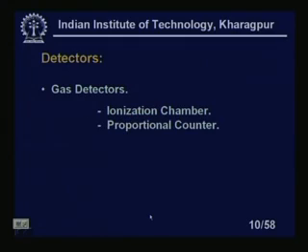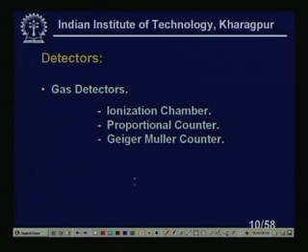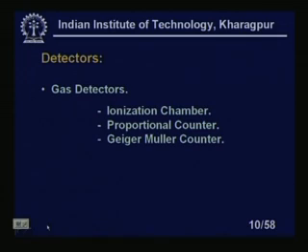Then the proportional counter, all these are basically gas detectors. Then we have the Geiger-Müller counter. Geiger-Müller is basically a German name, so there should be an umlaut. I am not writing it, so it will look like this. So, the Geiger-Müller counter, right.